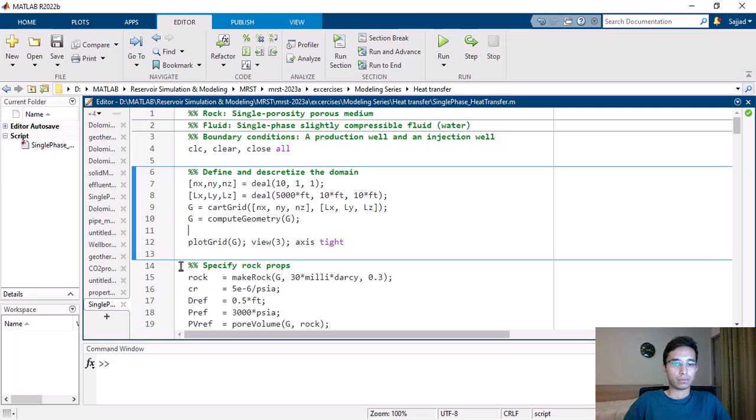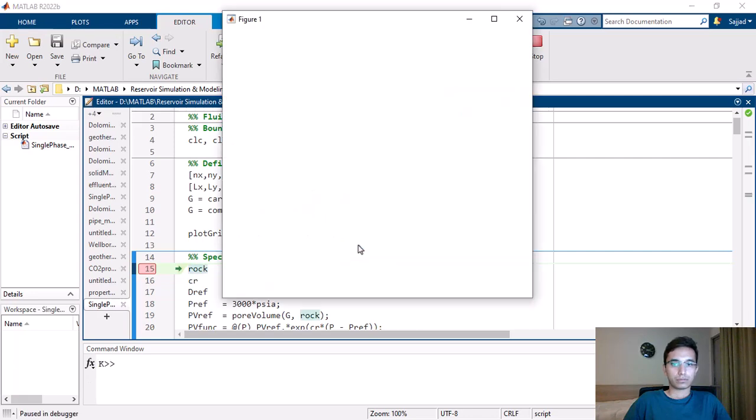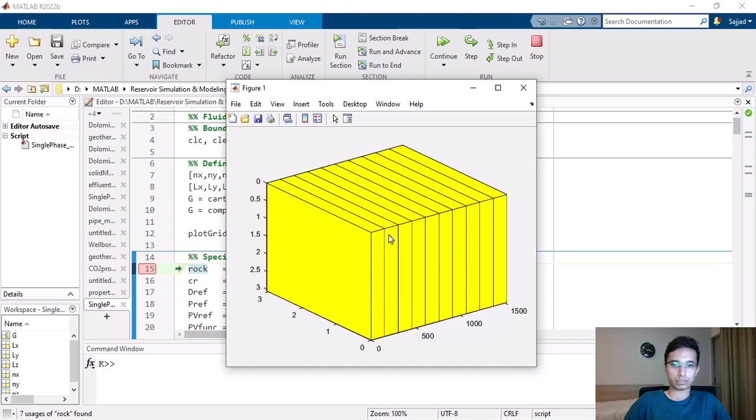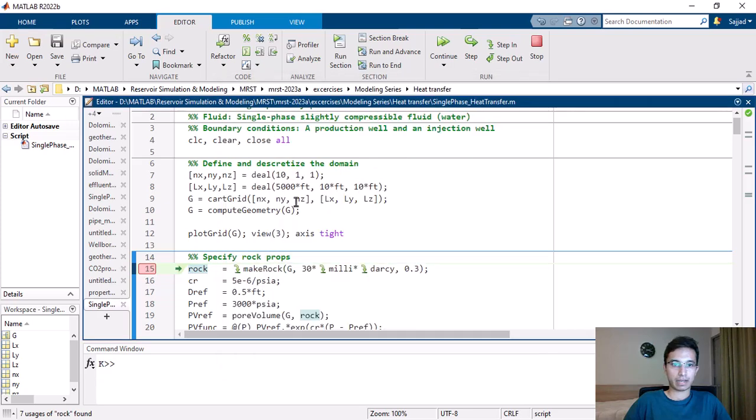All right, so let's take a look at the domain. I know that it is already clear to you what it looks like. So this is our domain. Of course, certainly the dimensions are not real, because as you see, the size of the domain in the x direction is much larger than the other dimensions.